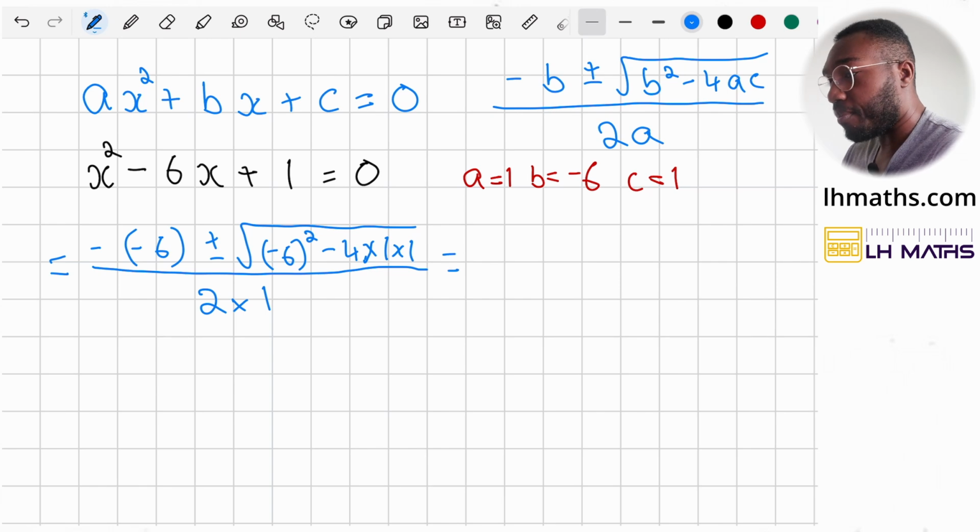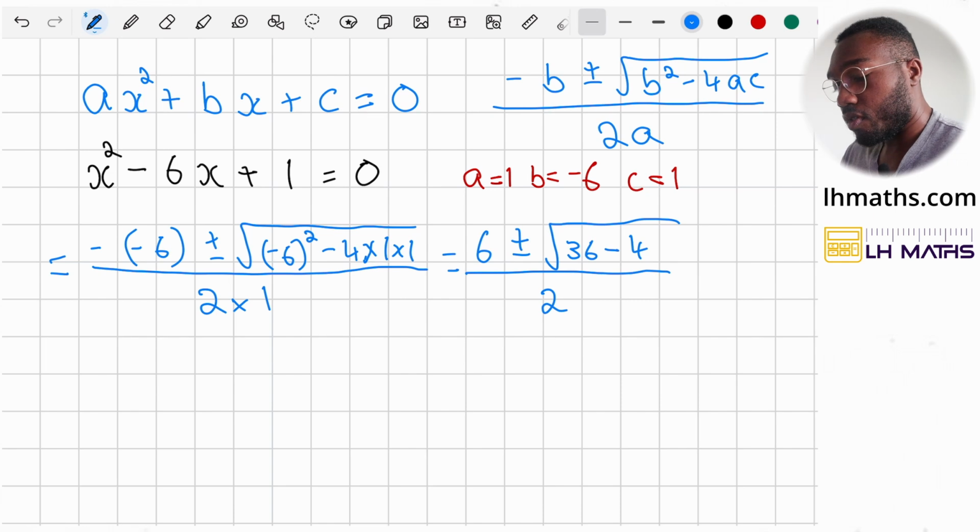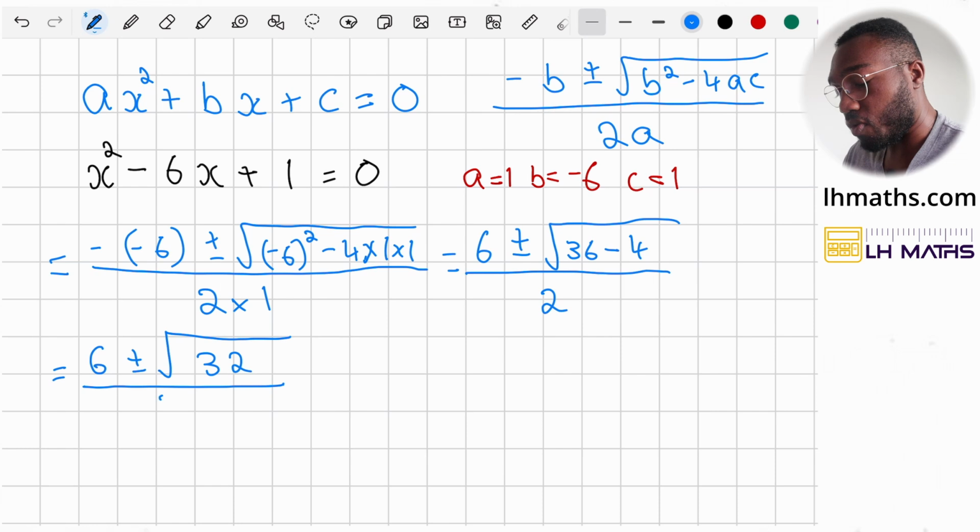So therefore we'd get a negative times a negative 6 is a positive 6, plus or minus 6 squared, that is 36, minus 4 times 1 would give us a minus 4, and that would be over 2 times 1, which is 2. So if we keep going down, therefore we'd have a 6 here, plus or minus the square root of 32, and that is over 2, okay?